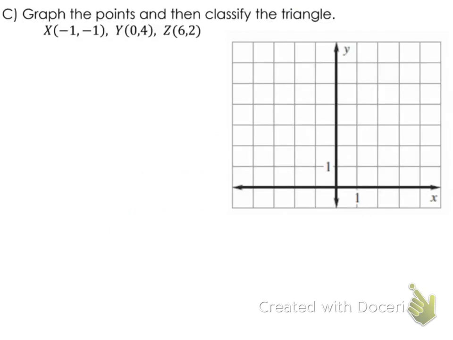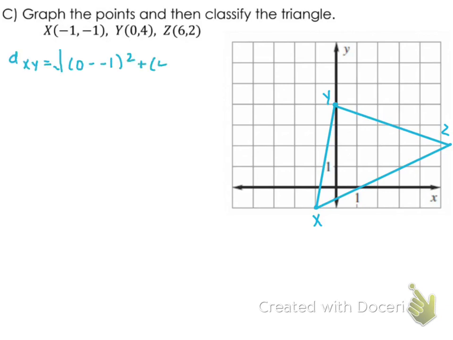Now I need to graph the points and then classify the triangle. So first, I have my points plotted and my triangle drawn. I'm going to need to use the distance formula to determine the lengths of the segments. So first, I'm doing the distance of XY, so I've put subscripts there so I know what segments I'm finding the distance of.